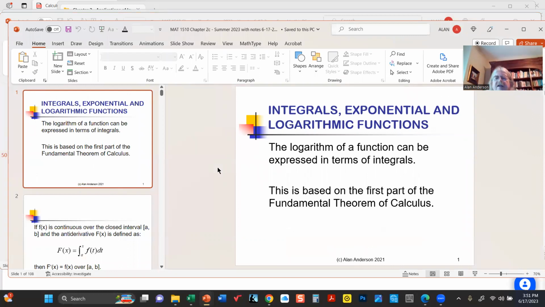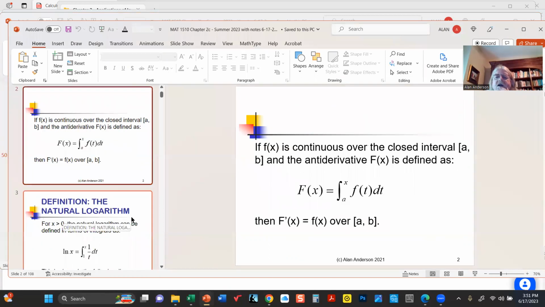And everything we're seeing here is based on the fundamental theorem of calculus. So the first part of it gives us the following statement. Basically, what we're trying to do here is demonstrate the formal definition of a logarithm in terms of integrals. So remember, we use this notation. Lowercase f of x is a function of some kind.